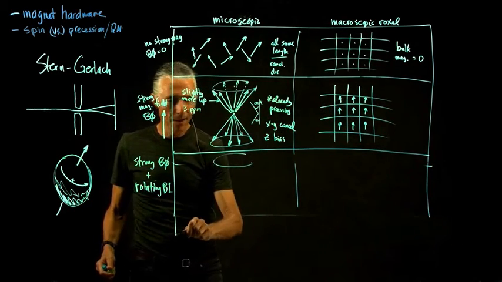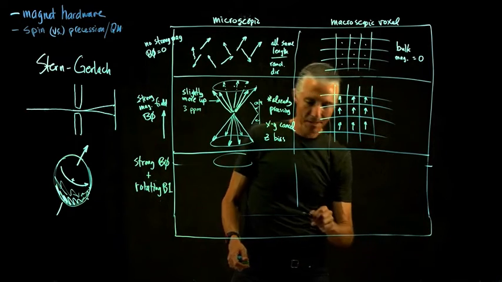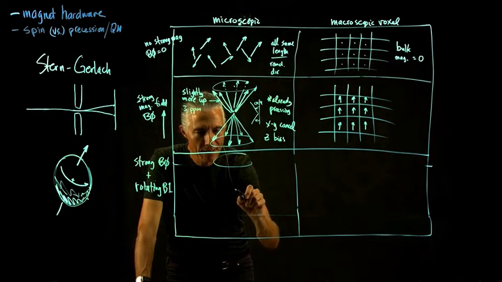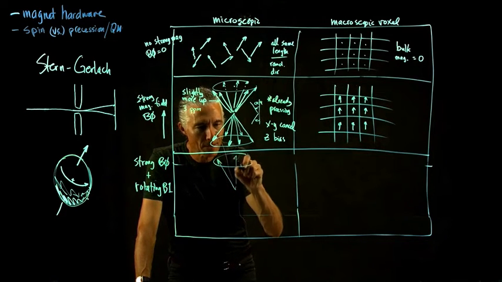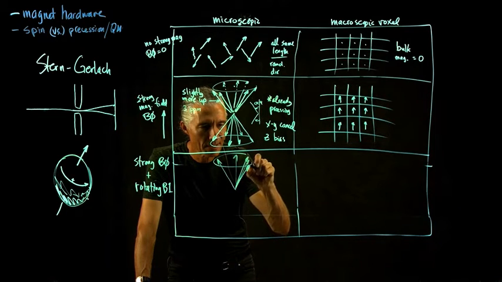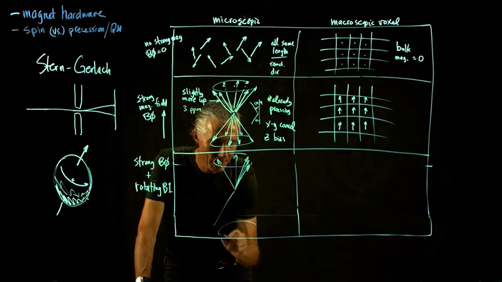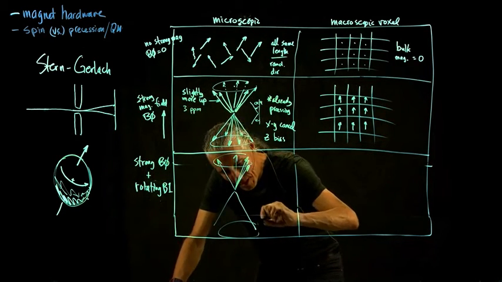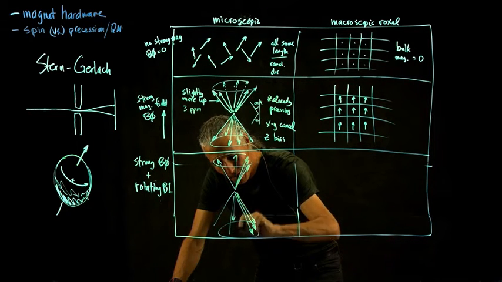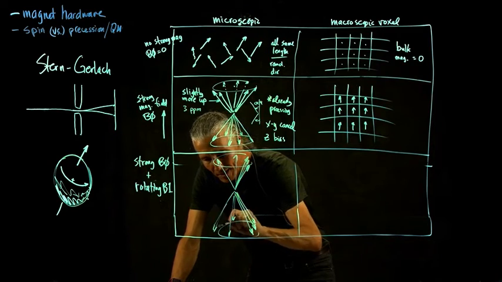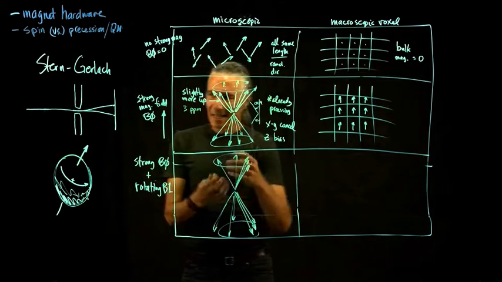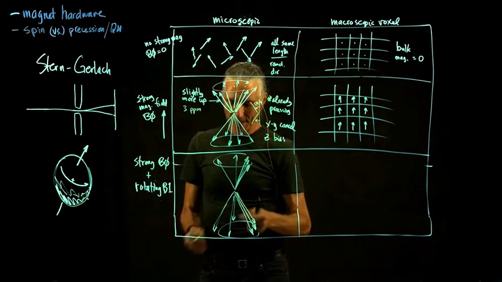They're already all precessing, but we can't see it. There's still some over here and some over here, but now more of them are bunched up like this, and similarly down here, the same thing. There's still ones in all different directions, but some bunching has occurred. You kind of swept them into alignment with this field.